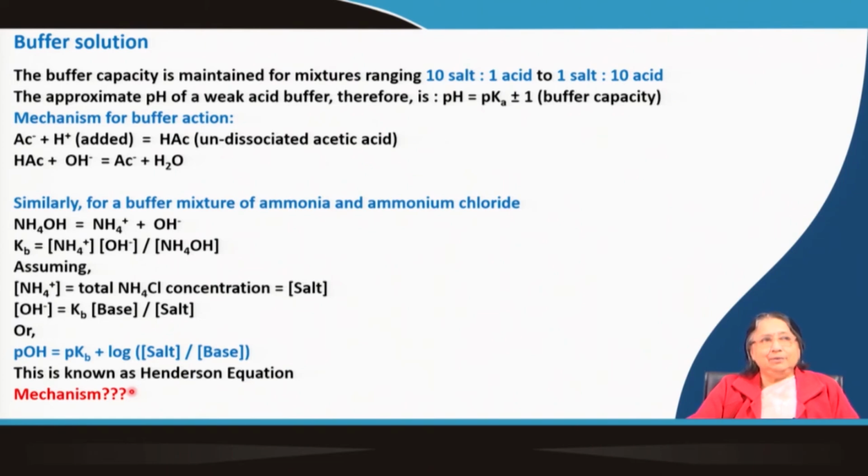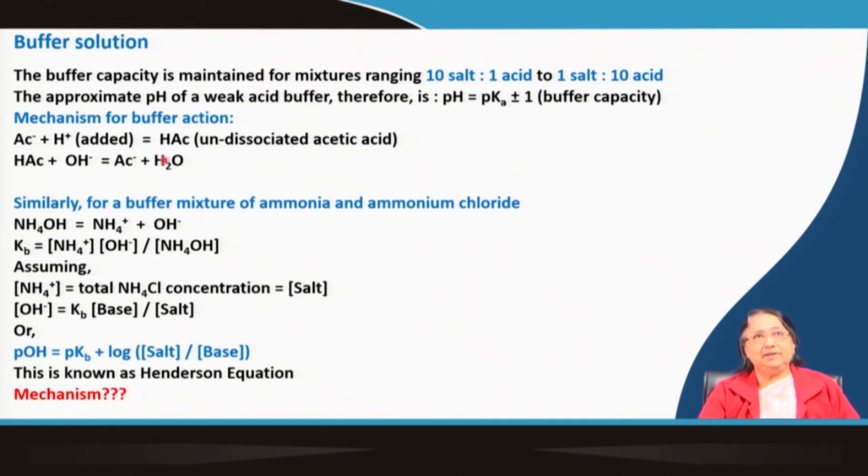It is not like you will add 100 milliliter of strong acid solution to 1 liter of buffer solution and the pH will be unchanged. It is not like that. If you add a small amount of acid or small amount of base to a solution which contains buffer, then the change of pH will not be there, means it will resist the change. Okay. This is very important.